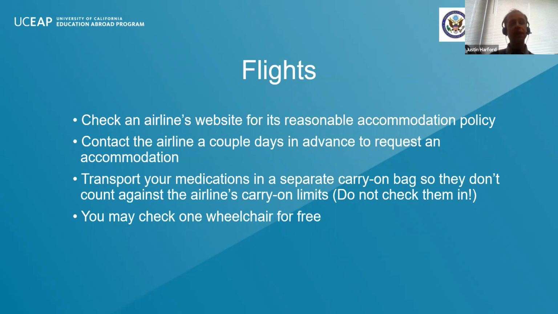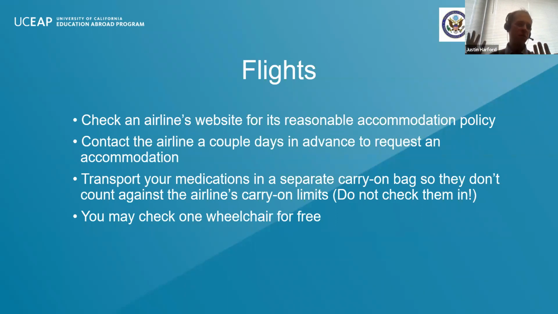So on this first slide, we're talking about flights. All airlines have an accommodation policy, and all airlines also have a website that's specifically about disability and reasonable accommodation policies, whether you're talking about United Airlines or American Airlines, or Lufthansa, which is a German airline, or China Air.